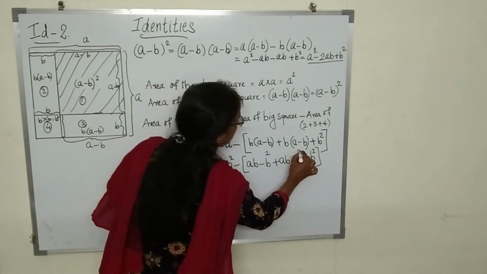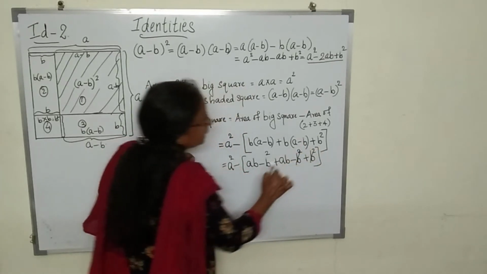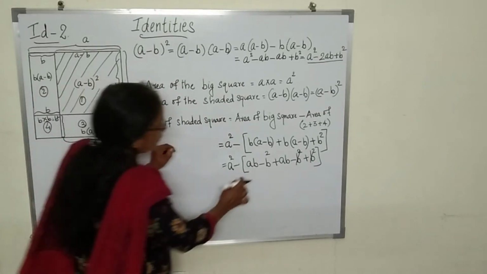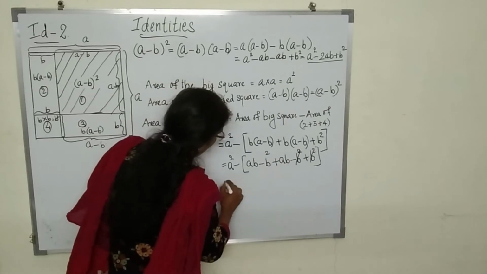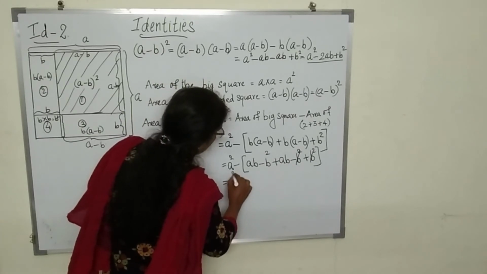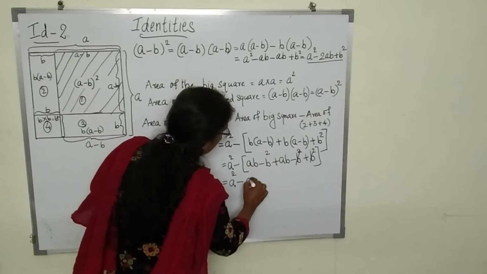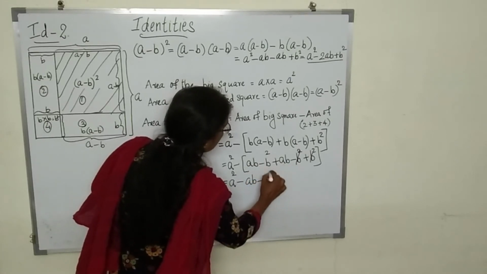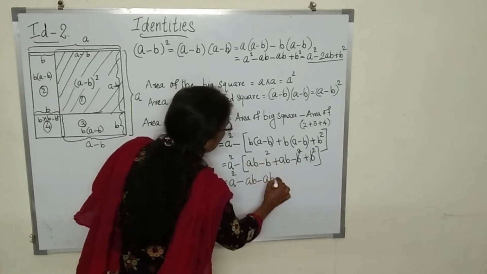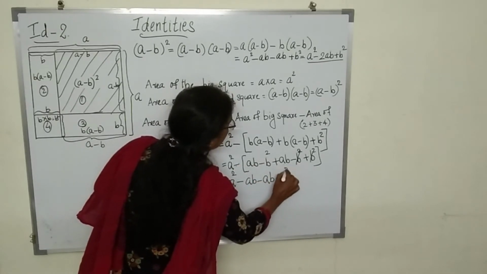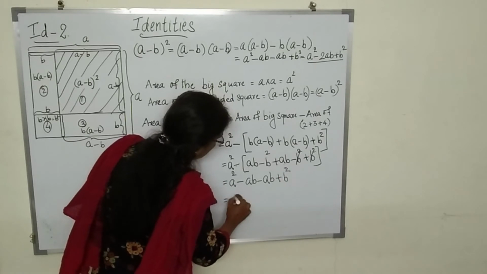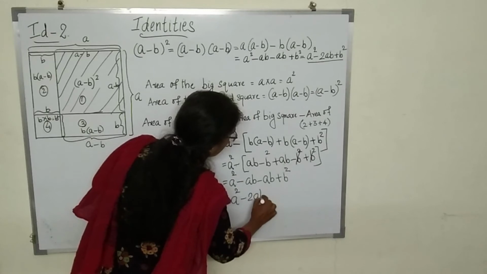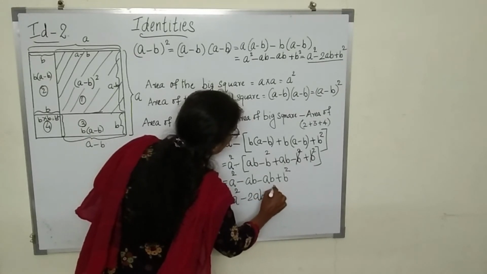Now, this minus B square and plus B square inside the bracket itself get cancelled. Now, if we open this bracket, what do we get? A square minus AB. Let us take this AB also, that also will become minus AB. And minus of minus is plus B square, which is equal to A square minus 2AB plus B square.